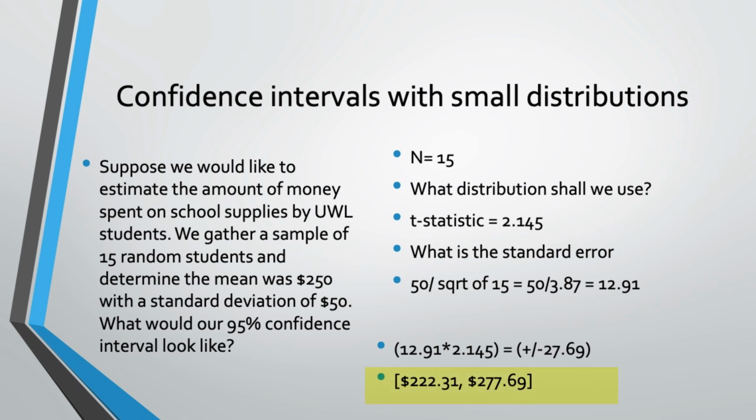So what this point and interval estimate is telling us is that if we expanded this study to the population of college students, we would expect them on average to spend approximately $222.31 to somewhere upwards of $277.69 each semester on school supplies.